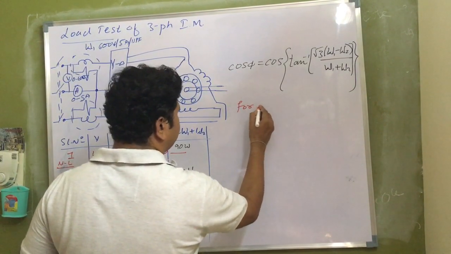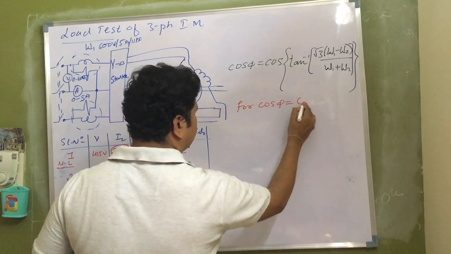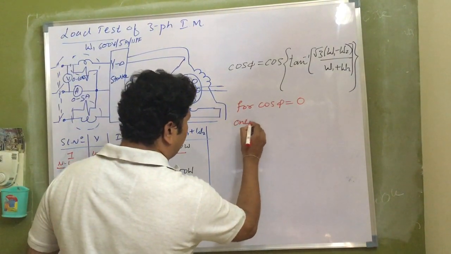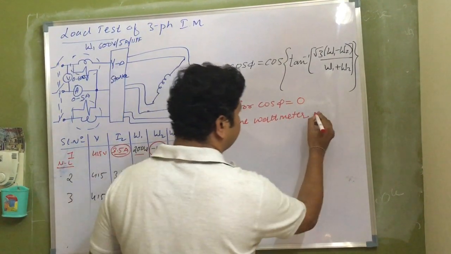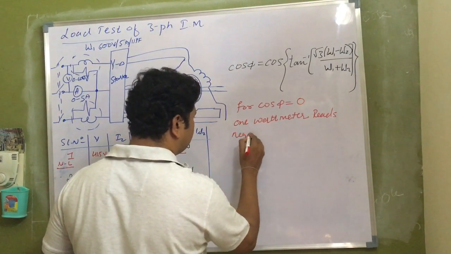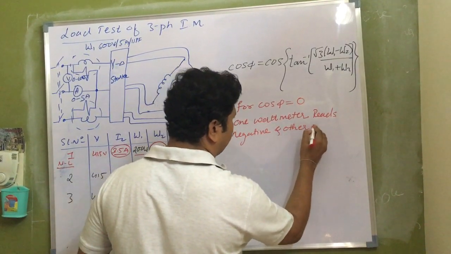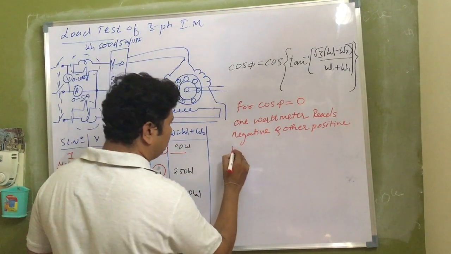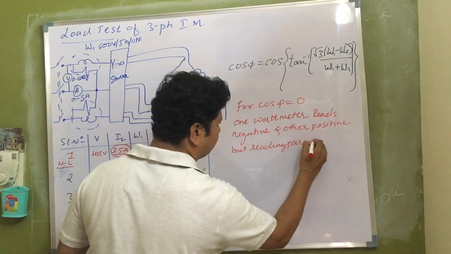Now for cos phi equals 0, one wattmeter reads negative and the other positive, but the readings are equal.